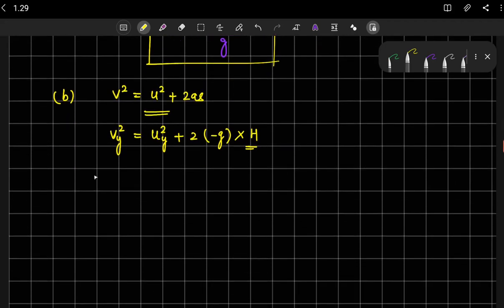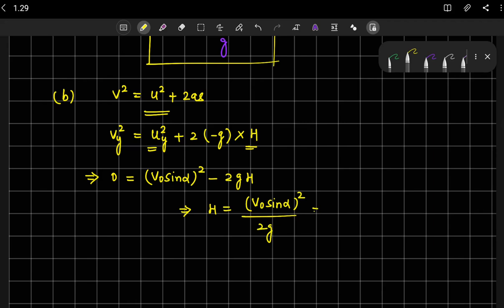So we can write 0 is equal to (v naught sine alpha) whole square minus 2gh. From here we get the maximum height is equal to (v naught sine alpha) whole square divided by 2g, so maximum height is equal to v naught square by 2g times sine square alpha. This is the value of maximum height we got.